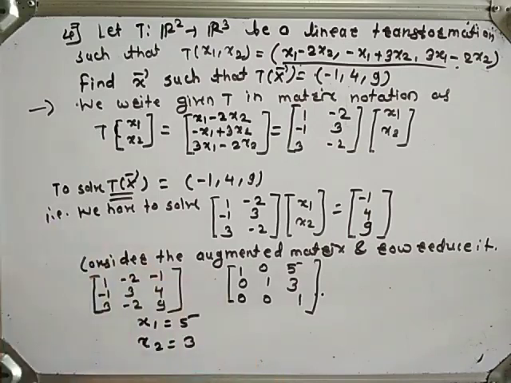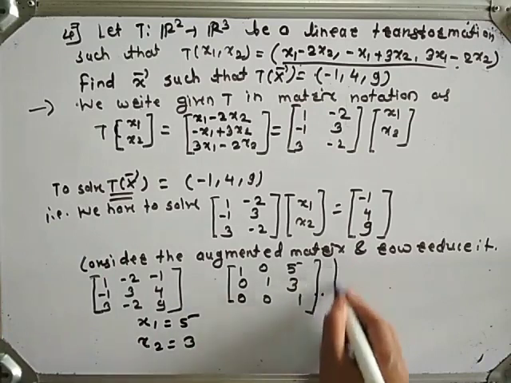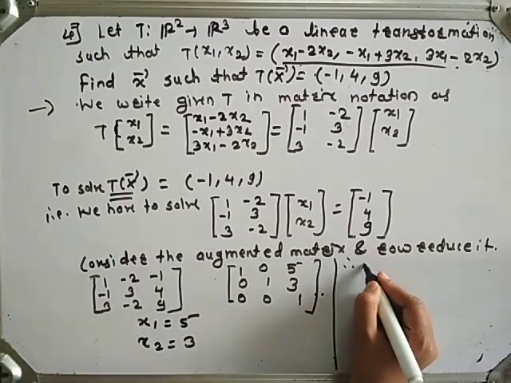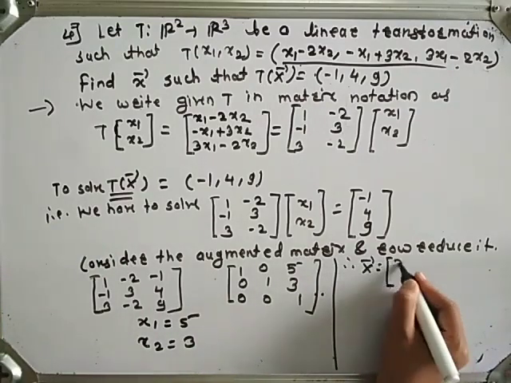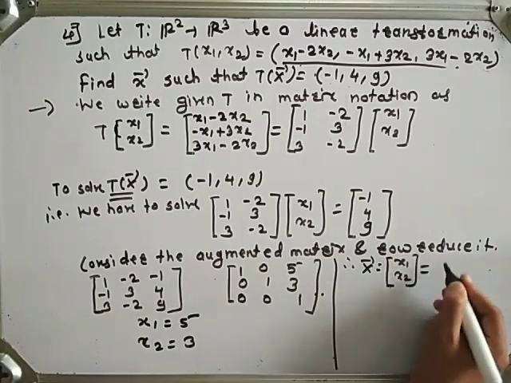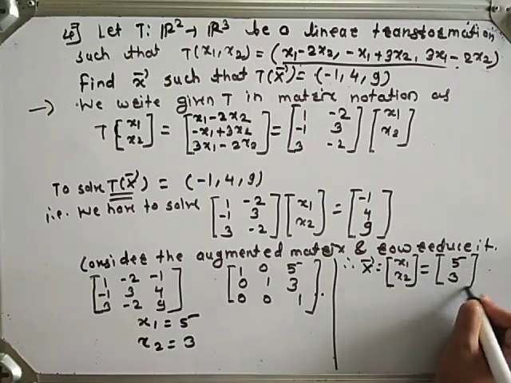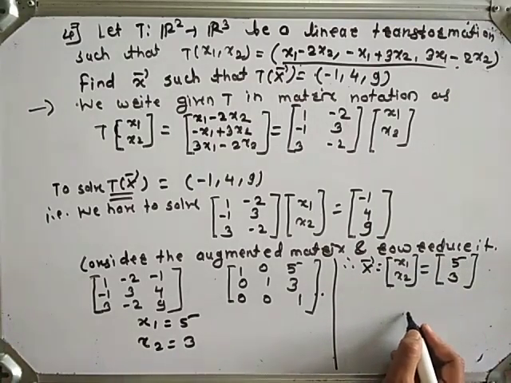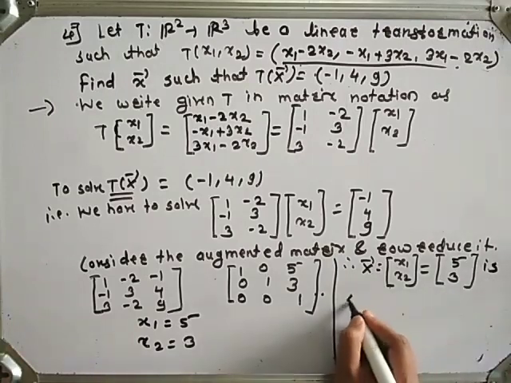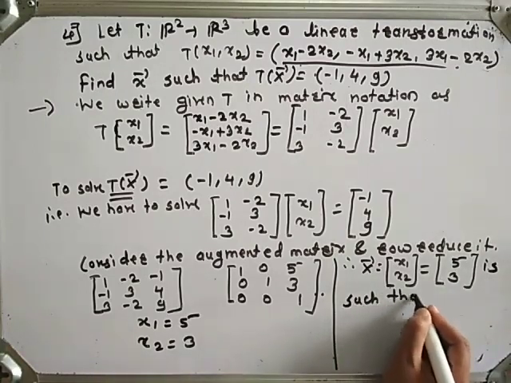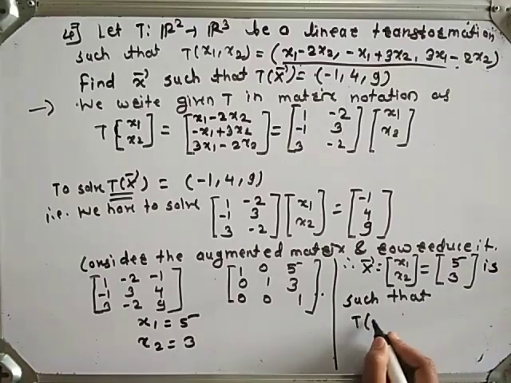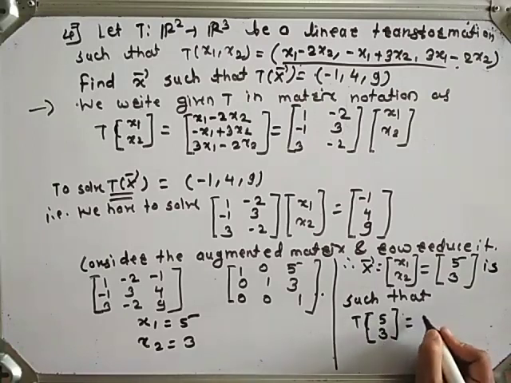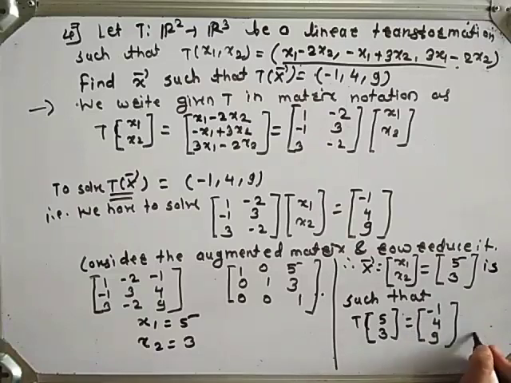Therefore, x bar is equals to matrix x1, x2, which is equals to x1 is 5 and x2 is 3, is such that T of 5, 3 is equals to matrix minus 1, 4, 9. Okay.